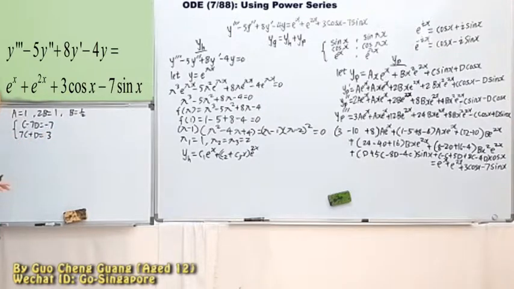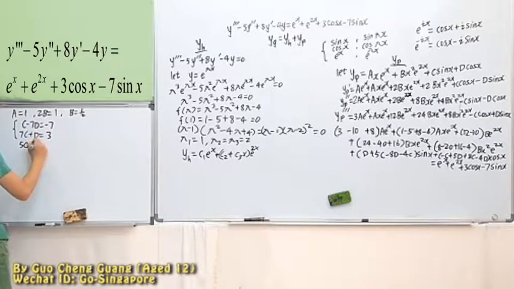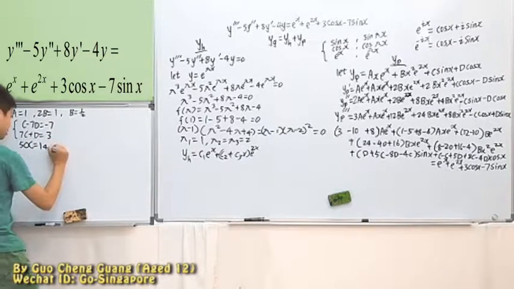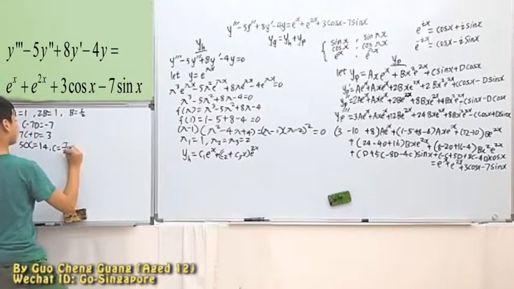So next you might want to cancel out some of the things here. For example, this second part times 7, then you add this. So times 7, then you add this, that means you get 50c, and this will be 14. So then c would be 7 over 25.